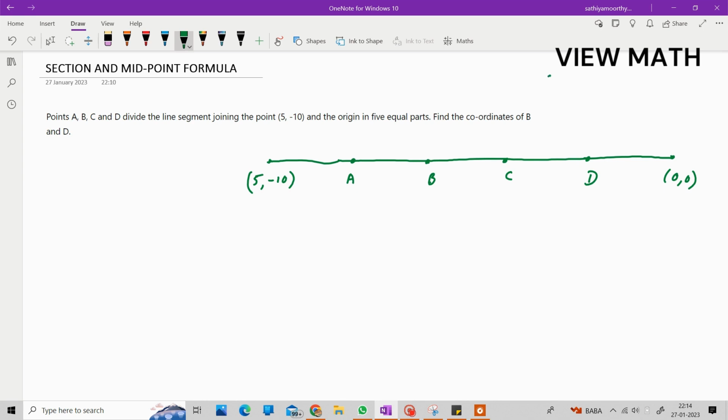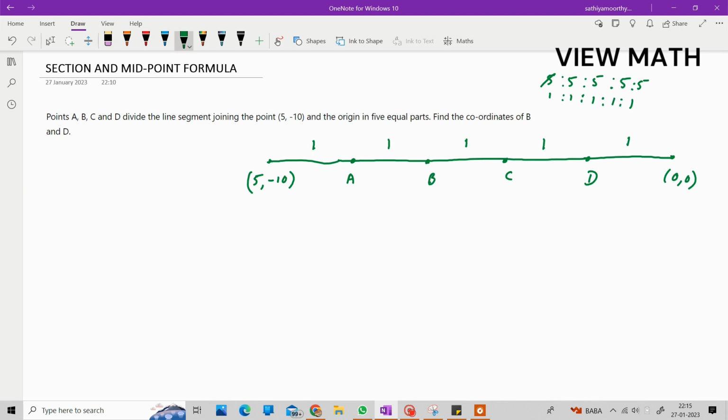Now the ratio is 5 is to 5 is to 5 is to 5 is to 5. If I cancel, it is 1 is to 1 is to 1 is to 1 is to 1.